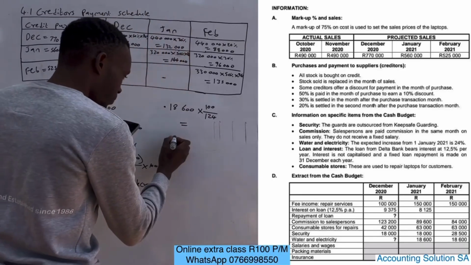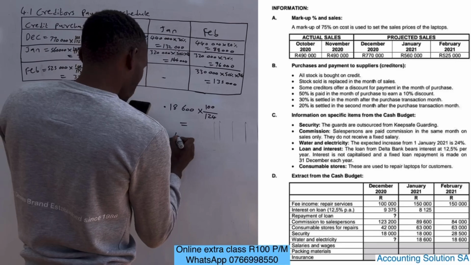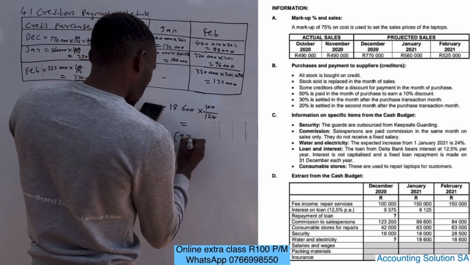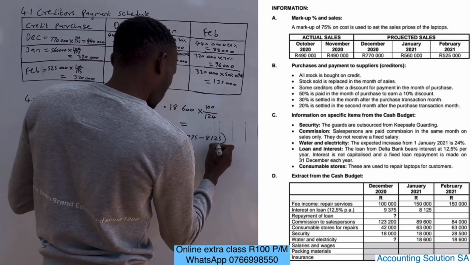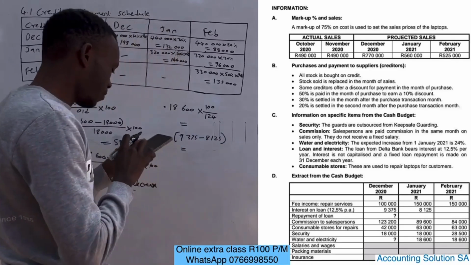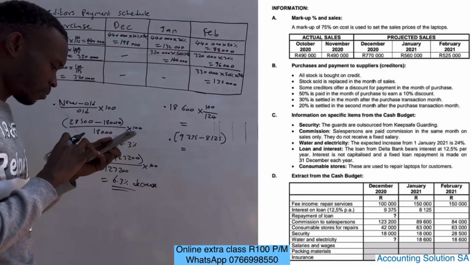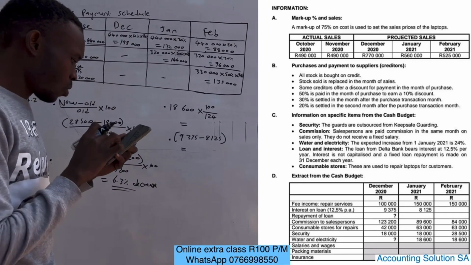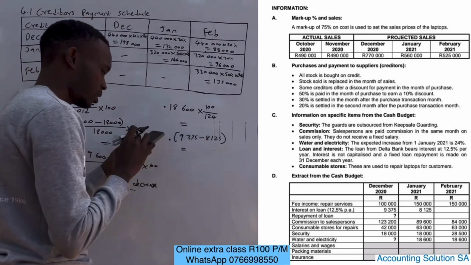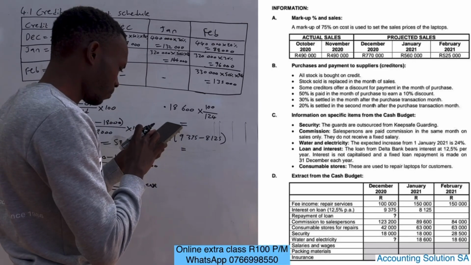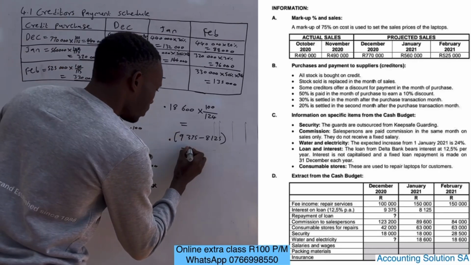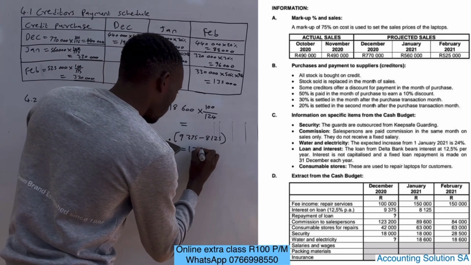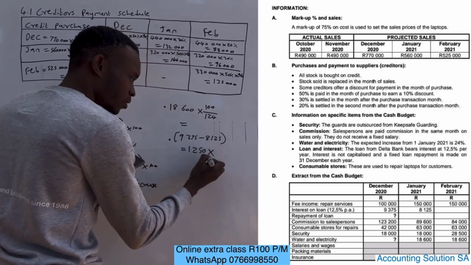The first step, we must calculate the difference: 9,375 minus 8,125. The interest difference gave us 1,250, and now we are looking for this capital amount.